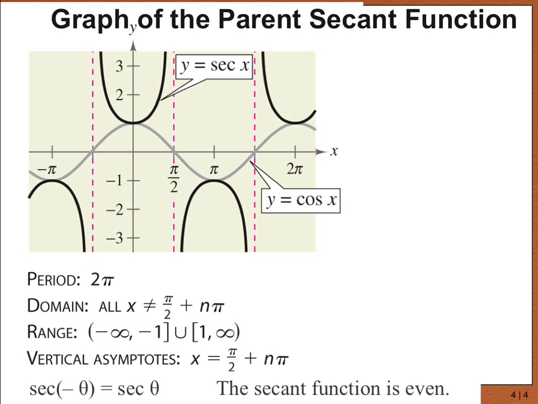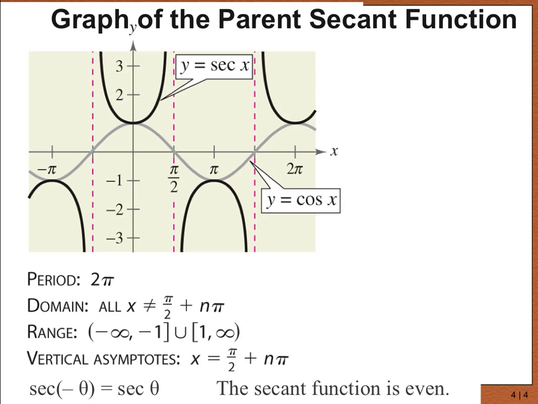Characteristics are also similar to the cosecant graph. Period is 2 pi. Domain all x not equal to pi over 2 plus n pi. Range negative infinity to negative 1, union 1 to infinity. And the vertical asymptotes occur at the multiples of pi that are added to pi over 2.